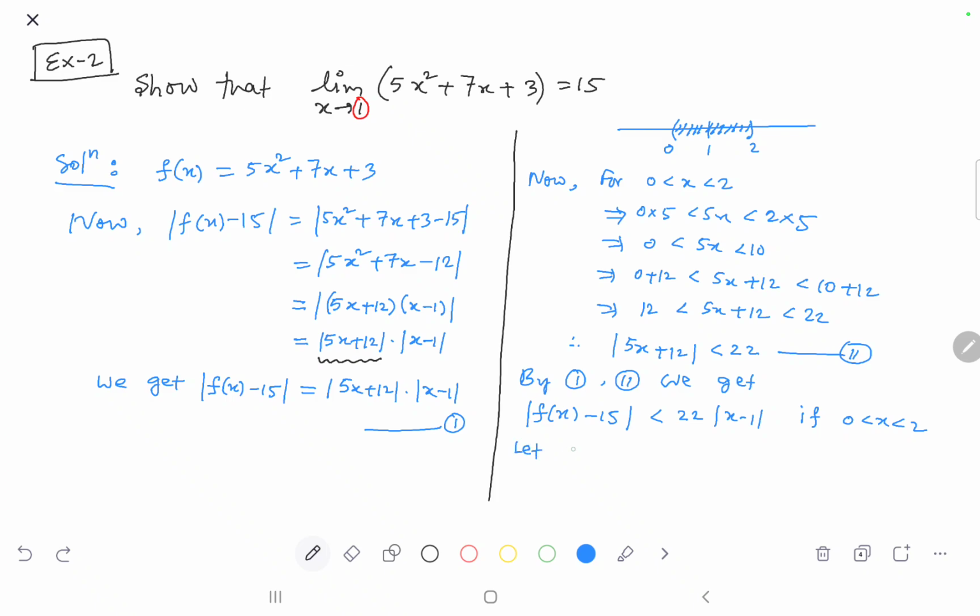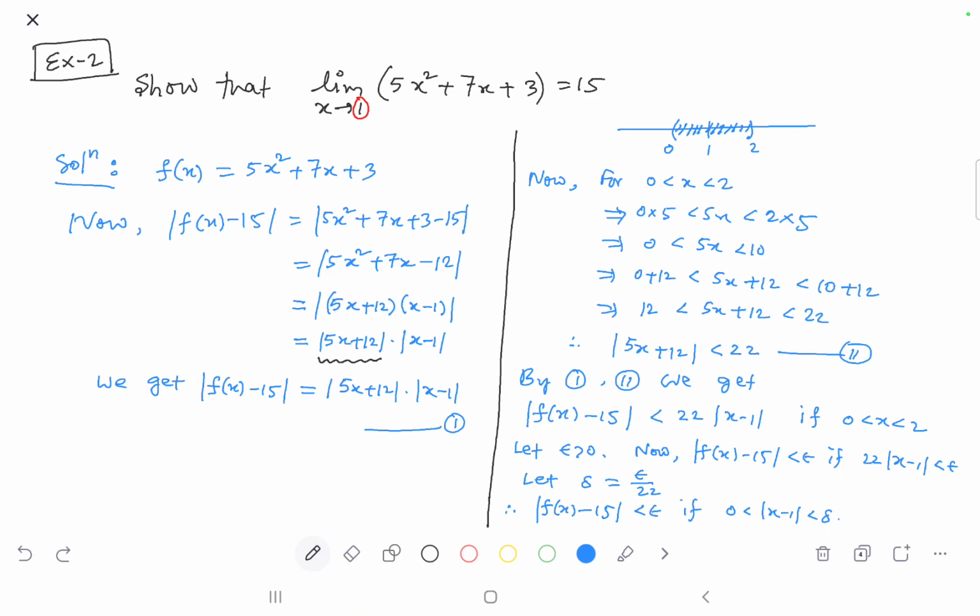So let epsilon greater than 0. Now |f(x) - 15| less than epsilon if 22|x - 1| less than epsilon. So here, let delta be epsilon by 22. So we get |f(x) - 15| less than epsilon if 0 less than |x - 1| less than delta. Done. Mayan, clear?